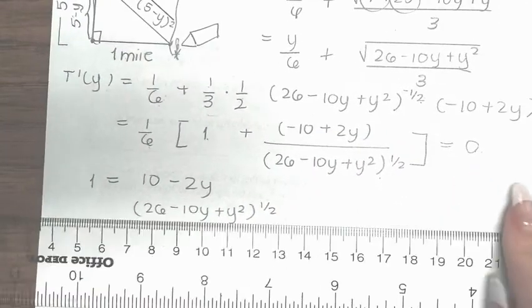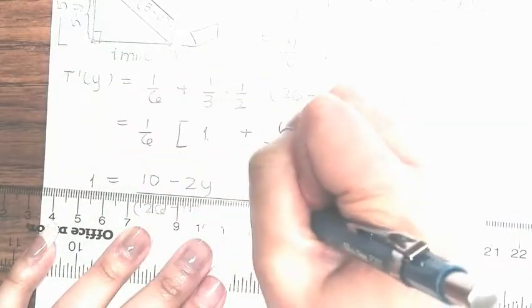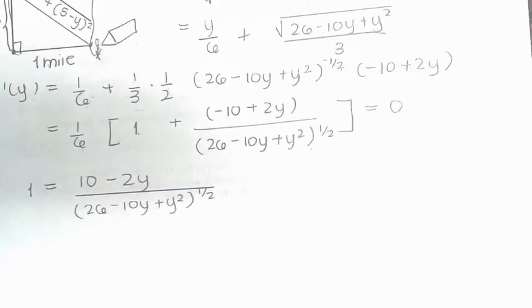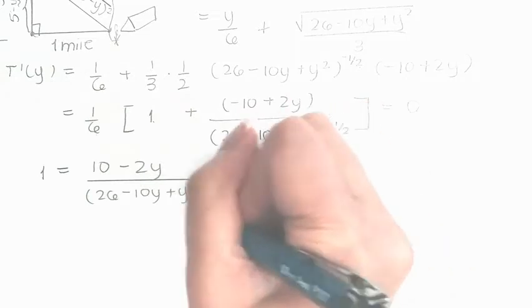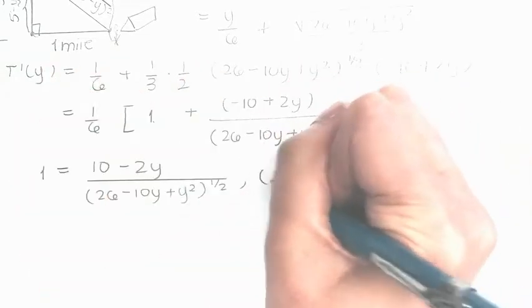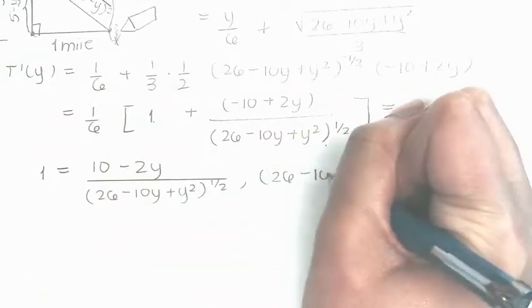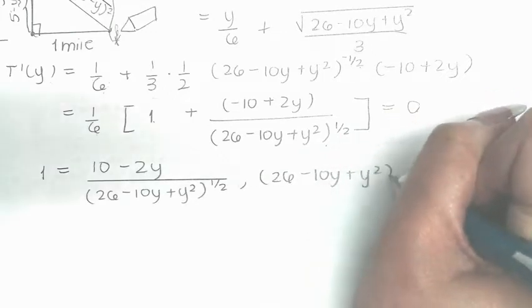At this point you are like, I don't know what I'm going to do. Well, this is kind of like a trip to algebra 2. Over here you need to pass this multiplying to the other side, and do you agree that you have something like this?